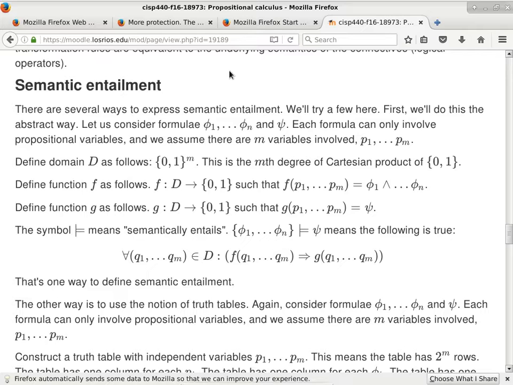Okay, so that's how we define f, which is the conjunction of all the phi's. And then G is basically just psi itself. By definition, we define G as a function that takes on the same variables. Because we only have m variables, in this case 2, it takes on the same 2 variables. But the definition of G is really just psi itself.